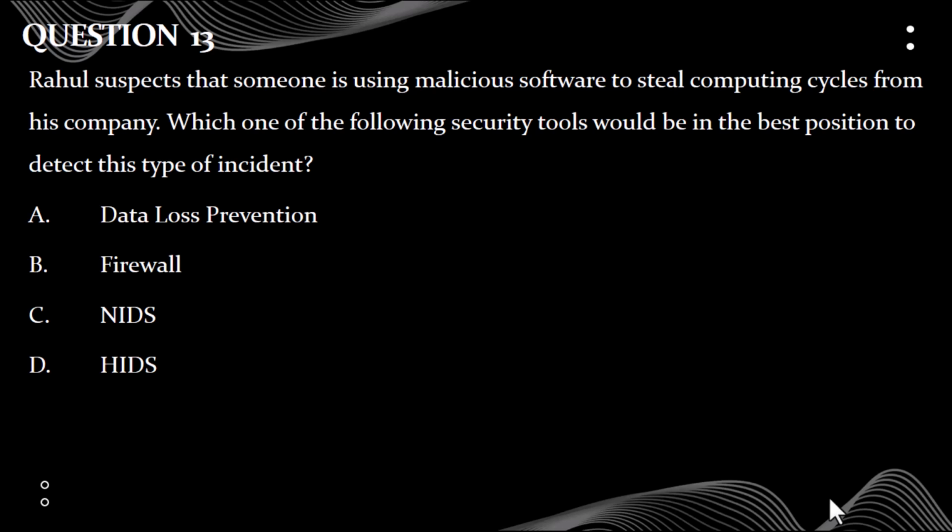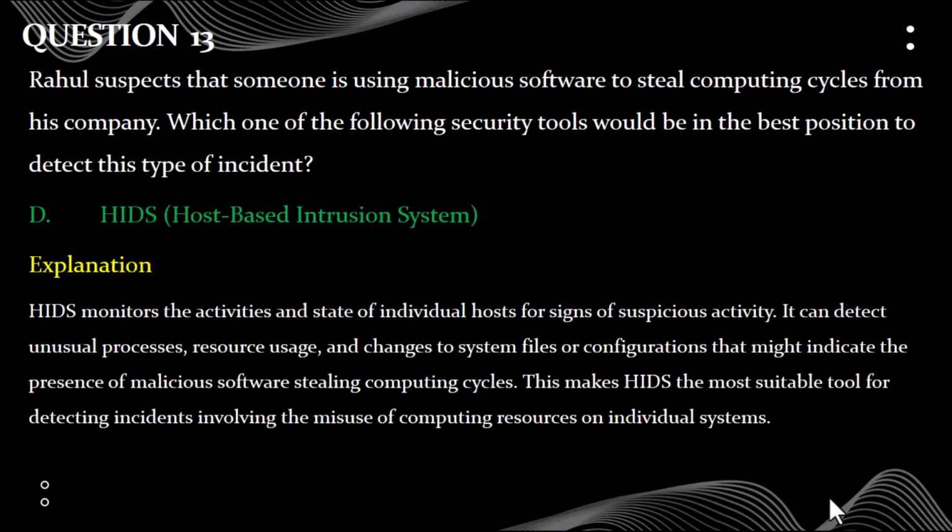On the other hand, HIDS, or Host-Based Intrusion Detection System, monitors the activities and state of individual hosts for signs of suspicious activity. So the best security tool that will be used to detect this type of incident in this scenario will be option D, the Host-Based Intrusion Detection System.